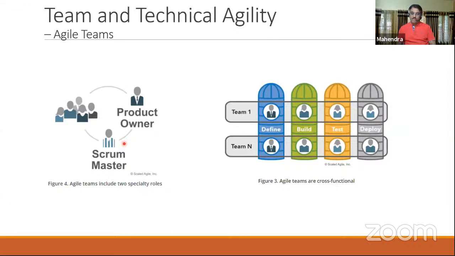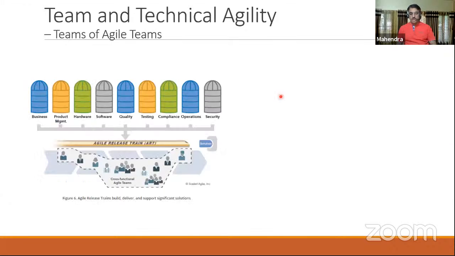And the teams need to be cross-functional. The team needs to be self-sustained and cross-functional. They should be able to define, build, test, and deploy as an individual team, an individual 7 to 8, 9 or 10 member team. So the teams need to be cross-functional. This is fundamental.